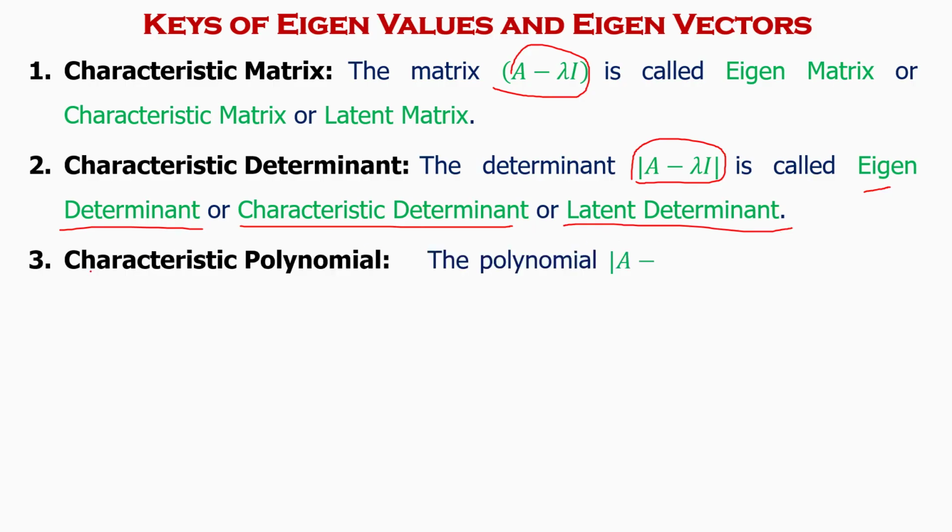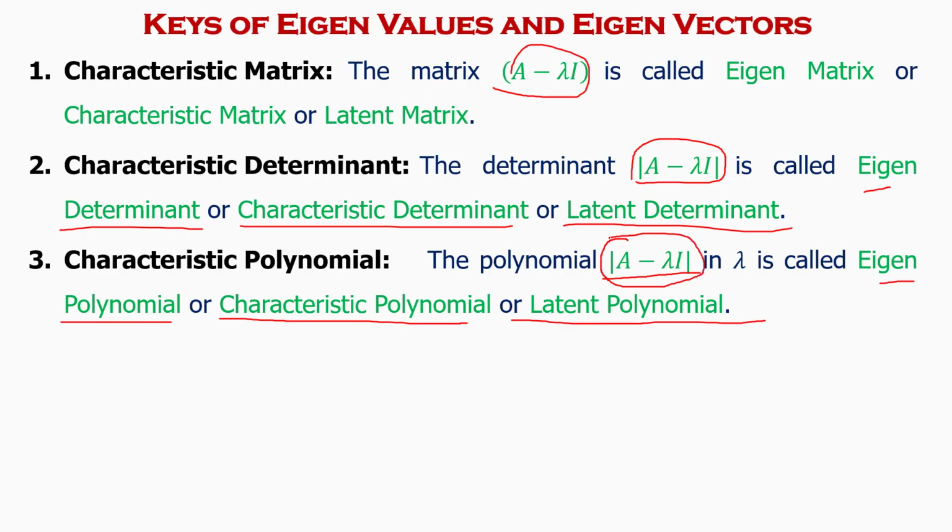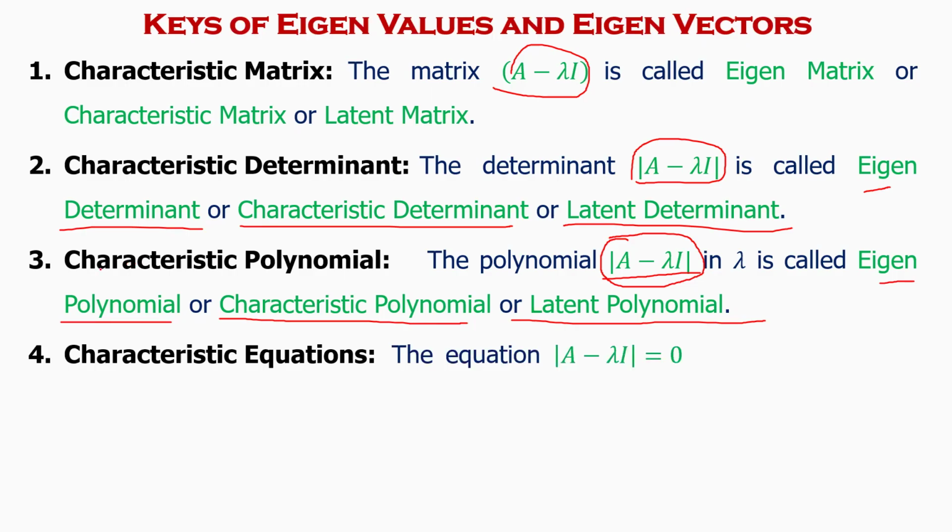Third one is called the characteristic polynomial. The determinant of A minus lambda I in lambda is called the polynomial or characteristic polynomial or latent polynomial. If we simplify this determinant of A minus lambda I, we get a polynomial equation in lambda. The fourth one is called the characteristic equation.